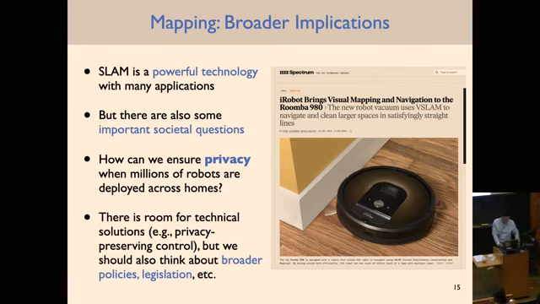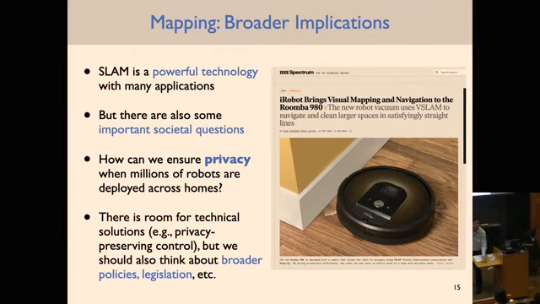Maybe there's some way for the robot to still do what it needs to do, like clean an environment, but not build a map, or somehow build just enough of a map to do what it needs to do. So not build a full, detailed map of the environment, or not track humans in the environment. That's the other thing. But it's probably not just a purely technical question. There are some societal questions as well.